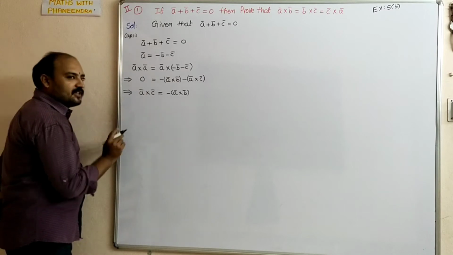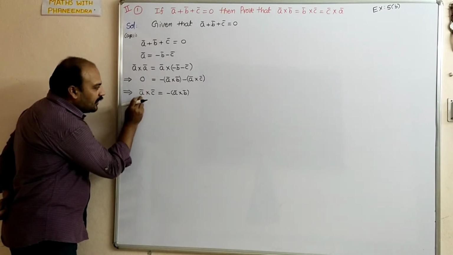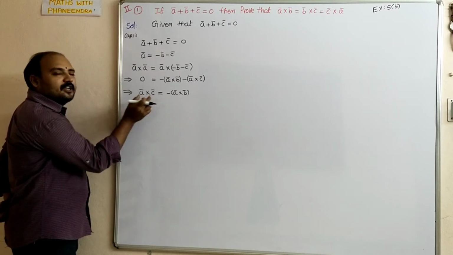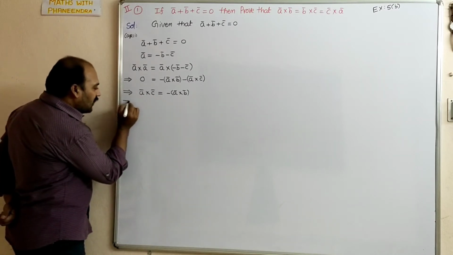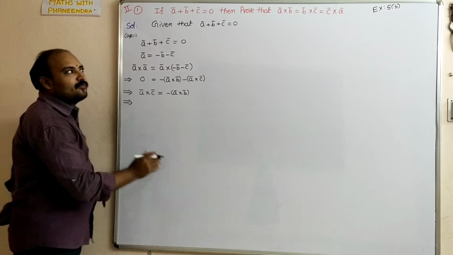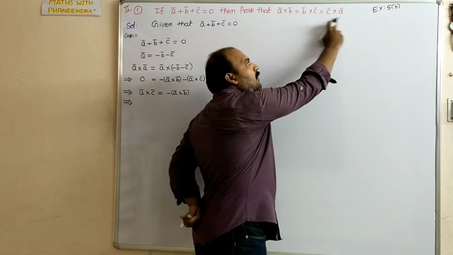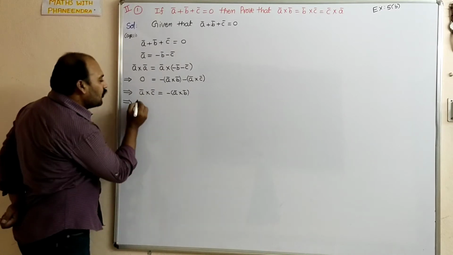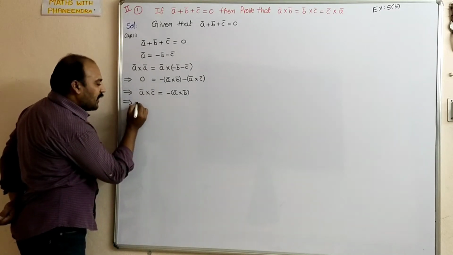You remember that in cross product, if you interchange the two vectors, the sign of the cross product will be changed. In the proof it is given as c bar cross a bar, but here a bar cross c bar is there. If you interchange these vectors, minus will come.